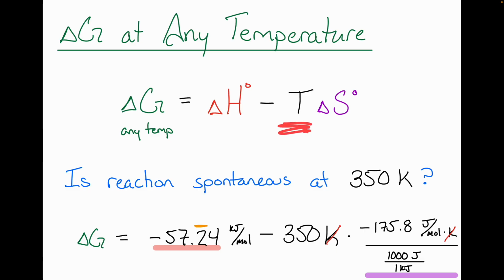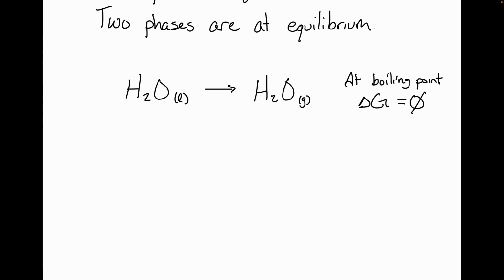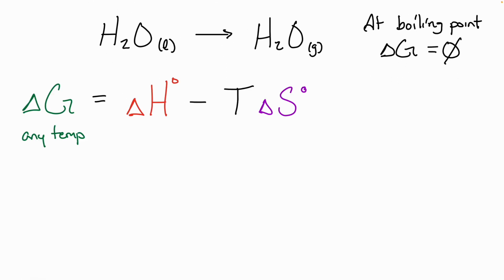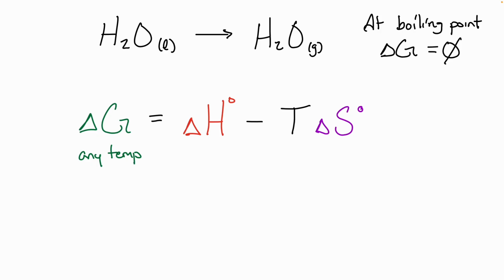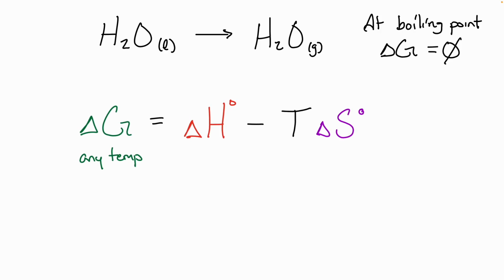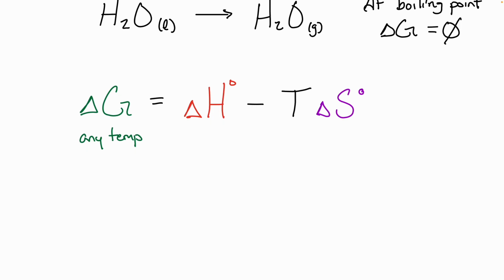Now we know what it is for water, so this isn't going to be the most interesting calculation in the world. But there's a ton of other compounds out there where we don't know the melting point or the boiling point, and we get to use this strategy to calculate those values. So let's do it for water here. We're going to take our any-temperature equation and set that delta G equal to 0.